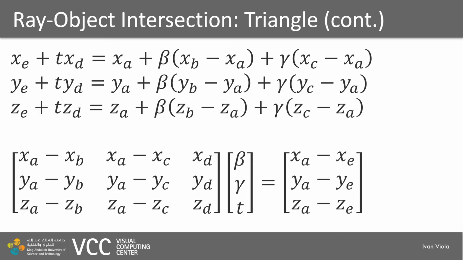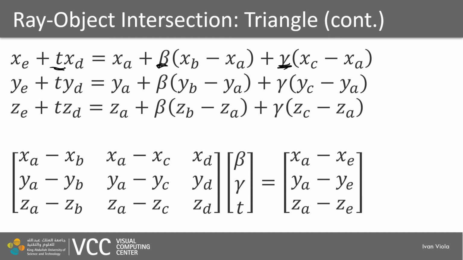So let's have a look at it in detail. We can create a linear equation system where there are three unknowns, t, beta, and gamma. Three unknowns, three equations, so we can solve the linear equation system, and then we will find out t, beta, and gamma. And this is what we will do.